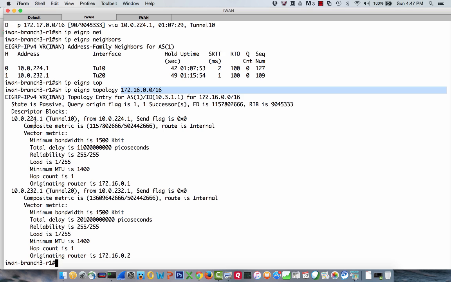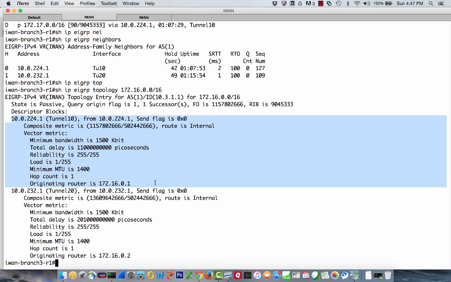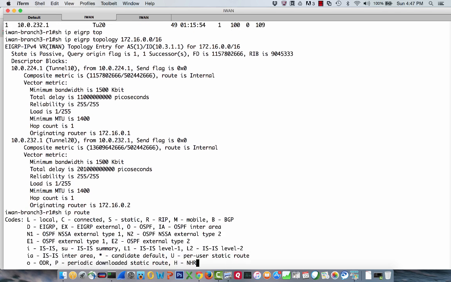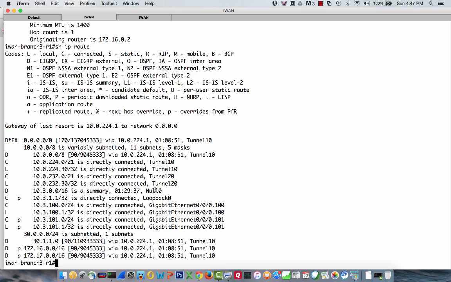However, we are choosing the one over tunnel 10 as the best, and we are putting this one in the RIB. So again, branch 3 has one entry in the RIB.